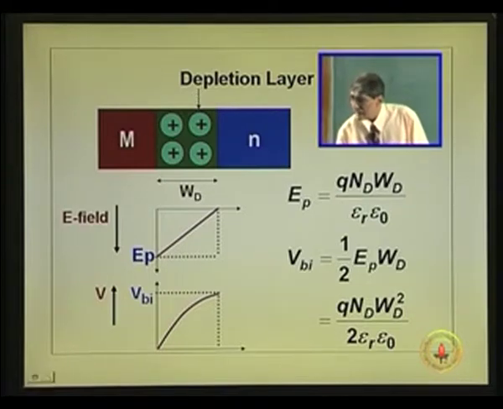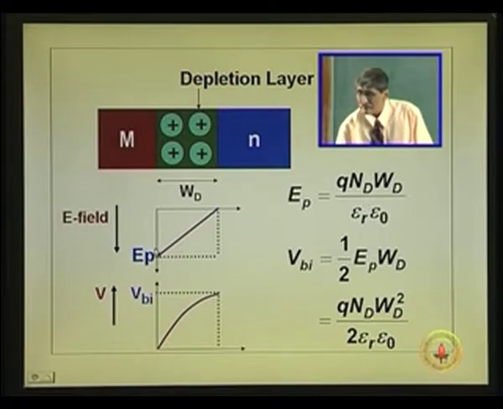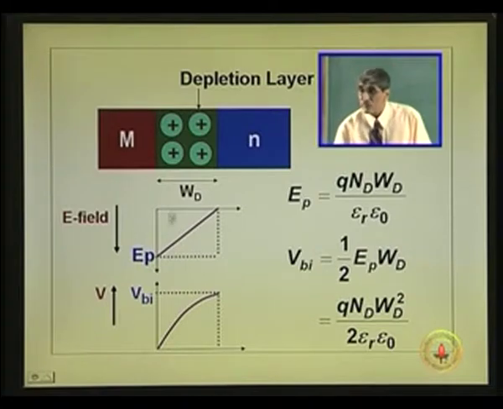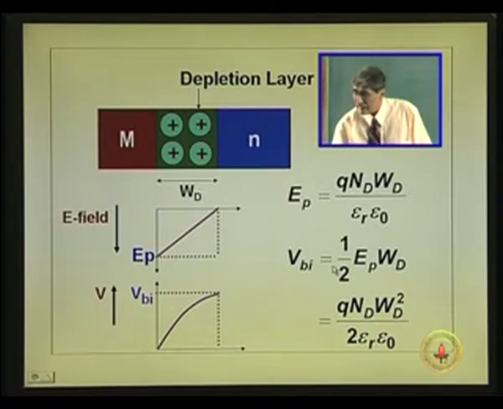So, peak electric field is like this, and once you know the peak electric field, the voltage across that is peak electric field into the width divided by 2. It is actually the area under this curve. Area under the E peak into dx is the voltage integral. The integral of electric field is the voltage. So, E peak into W d divided by 2, that is the area under this curve.